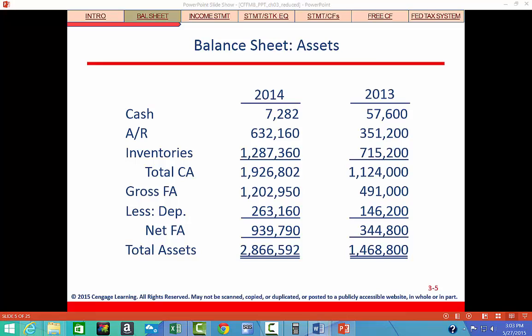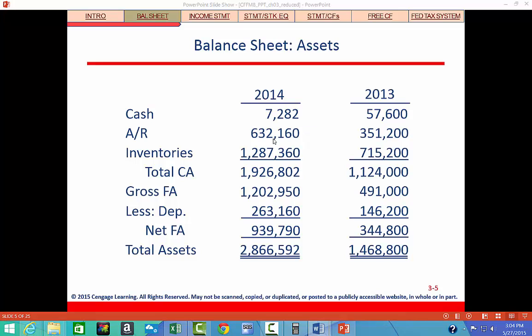Let's take a look at their balance sheet. And let's look at 2013 on the right to 2014 on the left. So they had $57,000 in cash, and then they went down to $7,000. So that's how their cash position became more weak. Their accounts receivable almost doubled from $351,000 to $632,000.